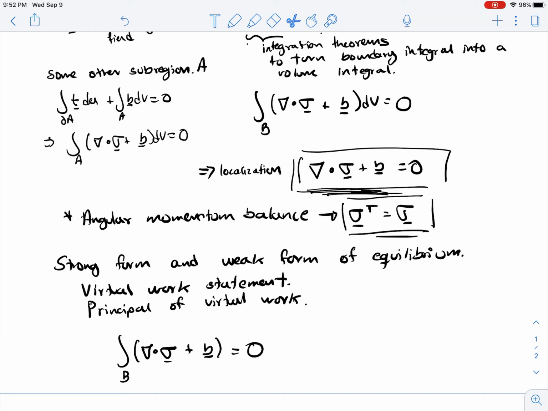If this is 0 at every point x, then the integral will be 0. But I want to reduce the continuity, so I'm going to multiply by a test function. This is called the principle of virtual work because this is a virtual velocity. So I'm going to contract this vector with this virtual velocity field.